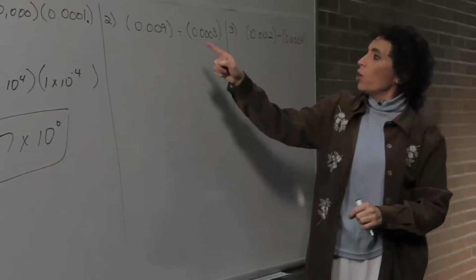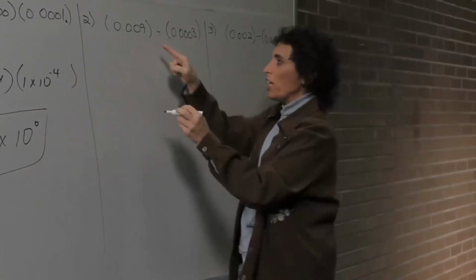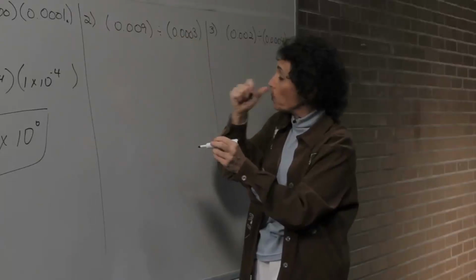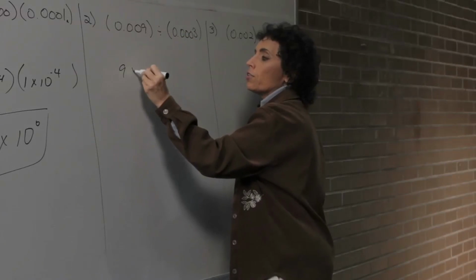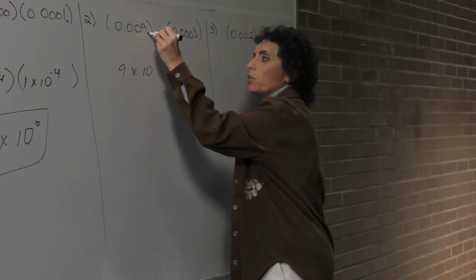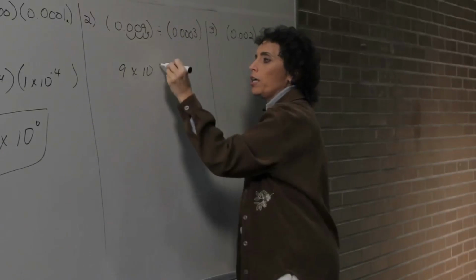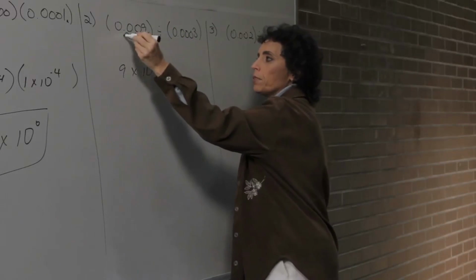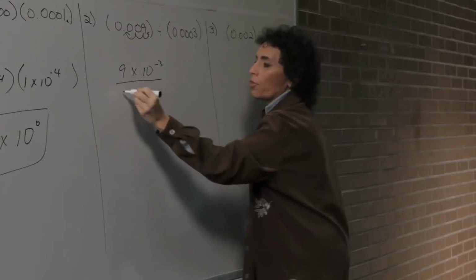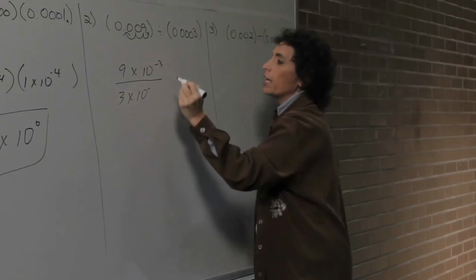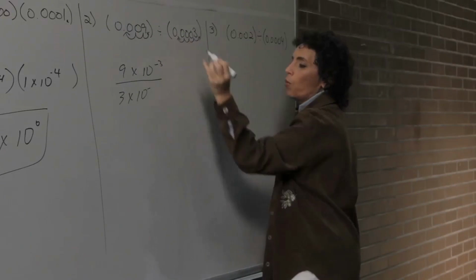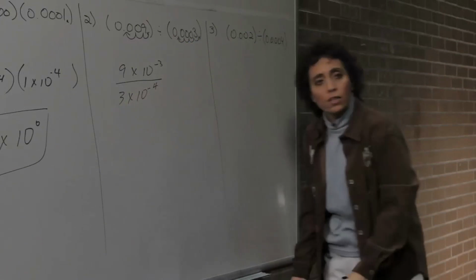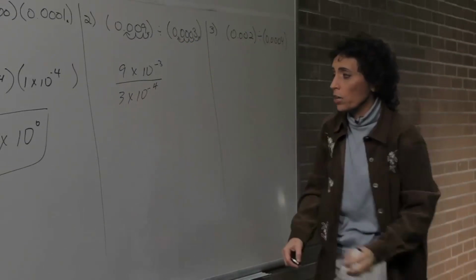All right, take a look at this one. We're going to divide. We're going to put this in scientific notation. They're both going to get negative exponents because they're both smaller than 1. And we have 9 times 10, because we want the decimal here, 1, 2, 3 to the negative 3 power, divided by 3 times 10 to the negative, we want the decimal here, 1, 2, 3, 4 power. Right? That's it. First to put them in scientific notation.